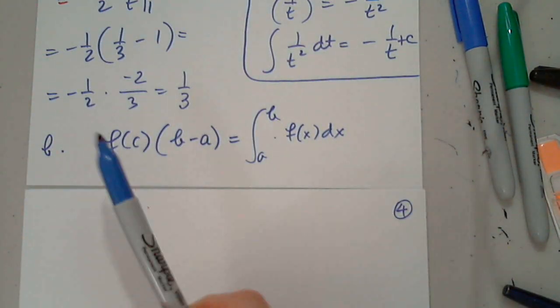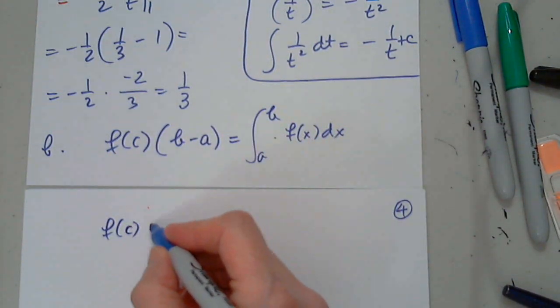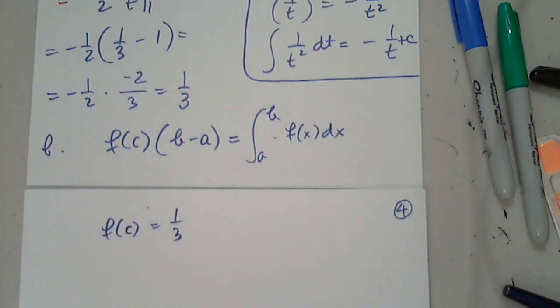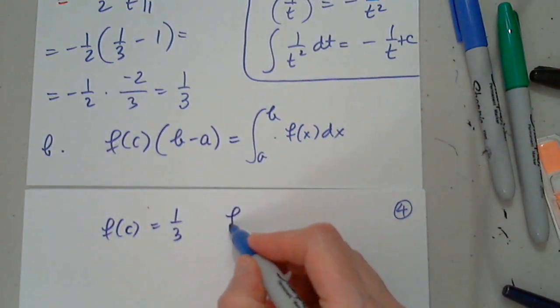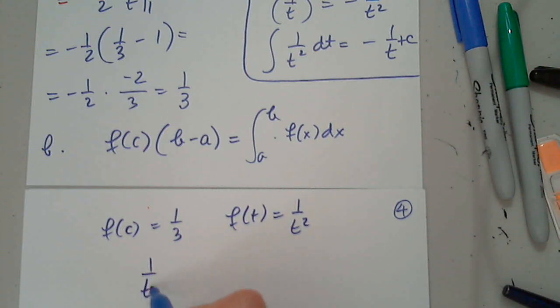So basically, since I already have all that calculation done, f of c equals 1/3. Okay, so what is f of c? Look at the function. The function given to us is 1 over t squared. So 1 over t squared equals 1 over 3. So then t squared equals 3.